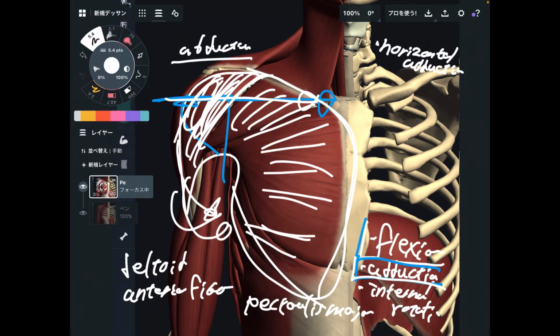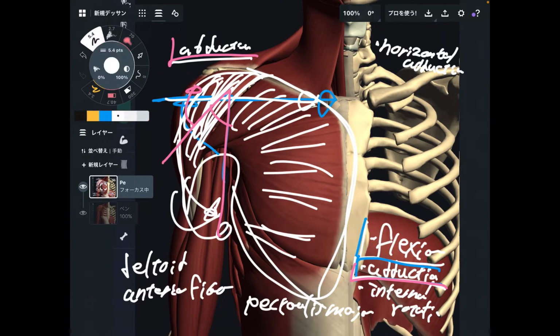What do I mean? Deltoid has different function depends on shoulder position. About 60 degrees. Below 60 degrees, that does shoulder adduction actually. That's very interesting, don't you think? Then above 60 degrees, then deltoid does abduction.